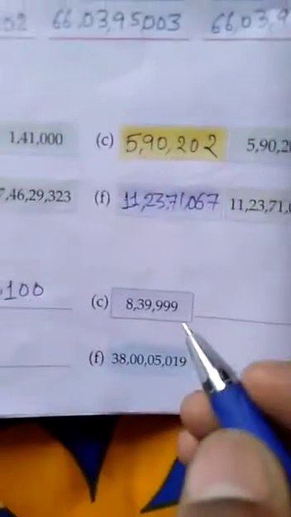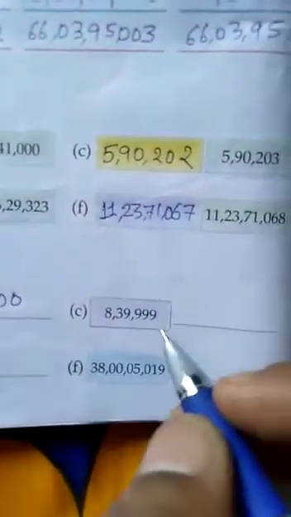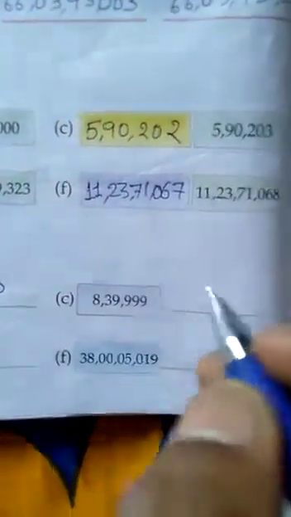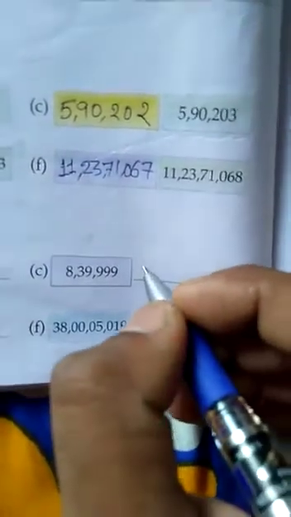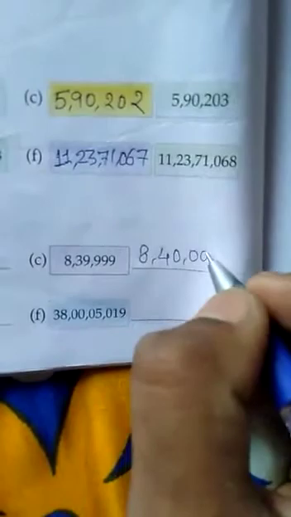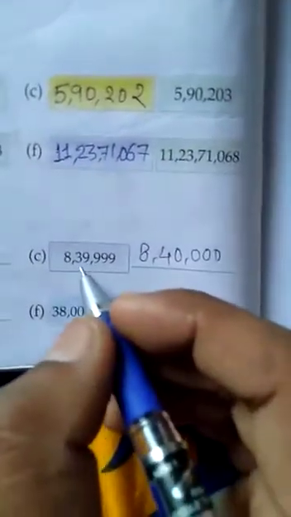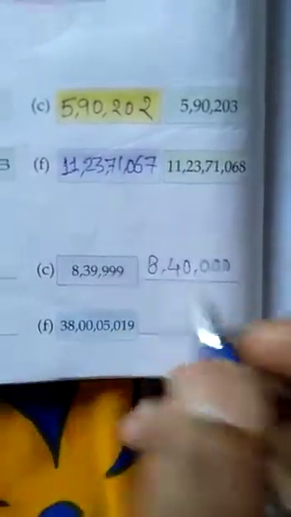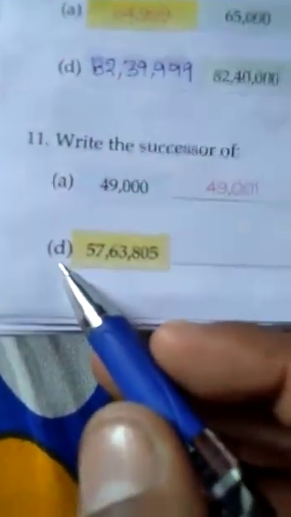So we will add 1 to this number. When we add 1 to this number, we will get 8,40,000. So 8,40,000 is the successor of 8,39,999.